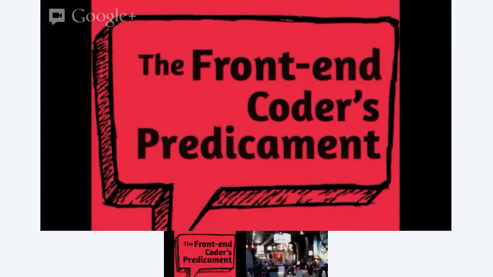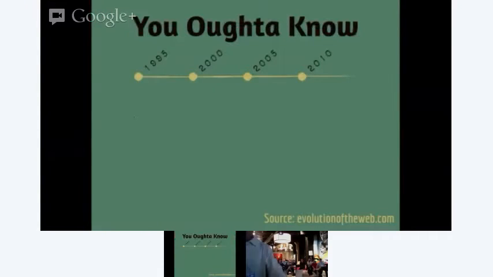So as front-end developers, we have a bit of a quandary, and that is that the amount we've needed to know over time in order to consider ourselves competent front-end developers has increased pretty substantially. Back in 1995, right around the time that my Alanis Morissette reference there would have been at all relevant, it was pretty much just HTML, right?